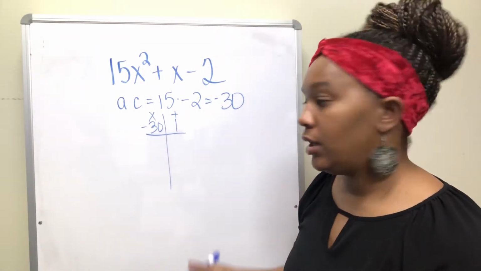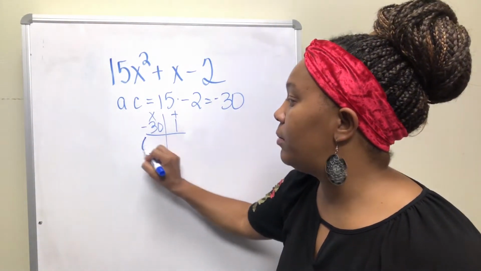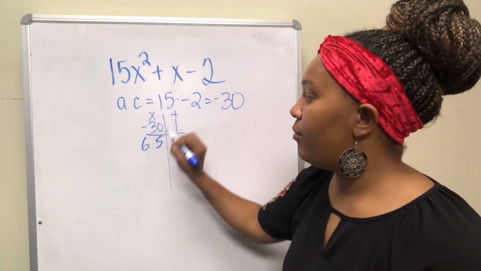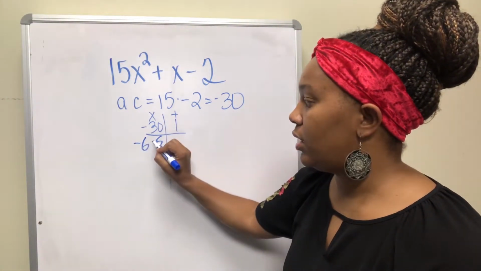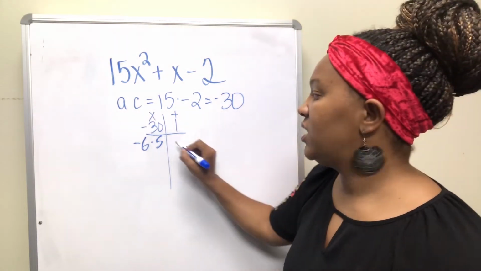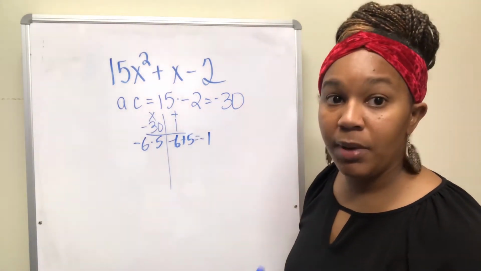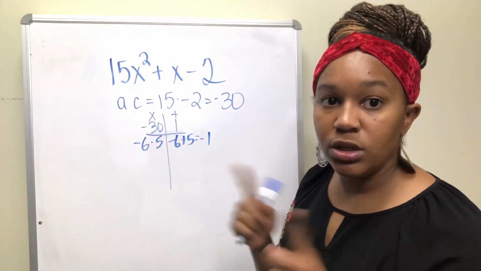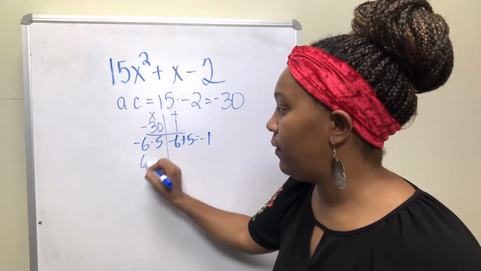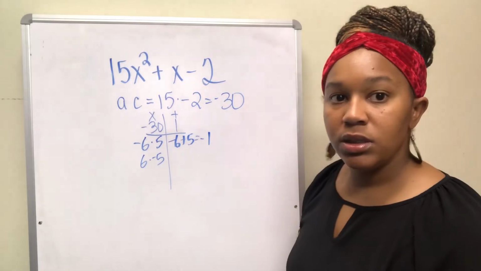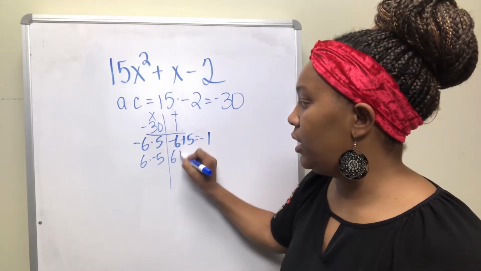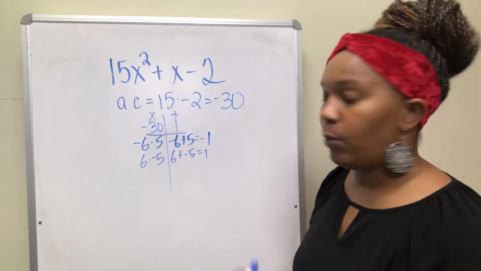So just list the factors of negative 30. 6 and 5 come to mind. 6 times 5, but it needs to be negative, so I'm going to stick the negative on the 6. But negative 6 plus 5 is negative 1, and I want it to be positive 1. So I'm just going to switch the signs on the 6 and the 5. So 6 times negative 5 is negative 30, and 6 plus negative 5 is positive 1.